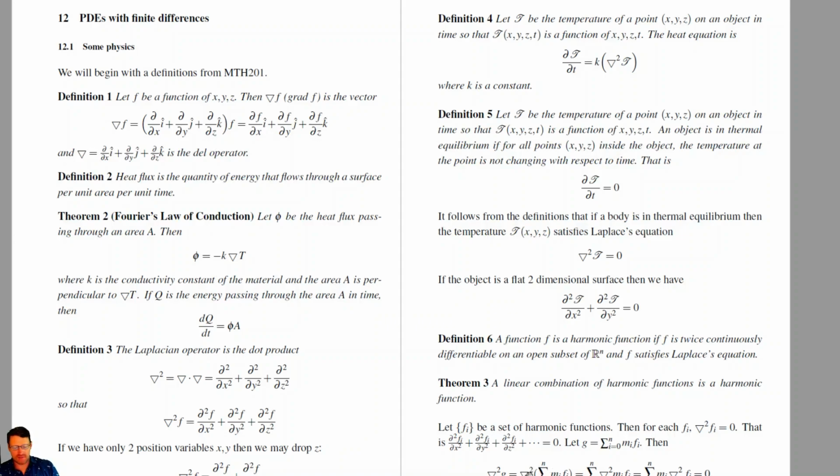Now we can apply that differential operator on the inside of the sum. But since the m_i are constants, we can move them out in front of nabla squared. And so we see that we must have the sum of the m_i times nabla squared of f_i is 0, because each of the nabla squared of f_i is 0, so the sum of those has to be 0. So therefore nabla squared of our new function g has to be 0 and therefore g must satisfy Laplace's equation also.